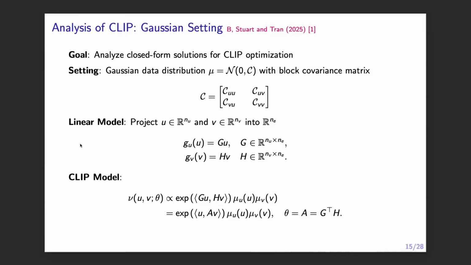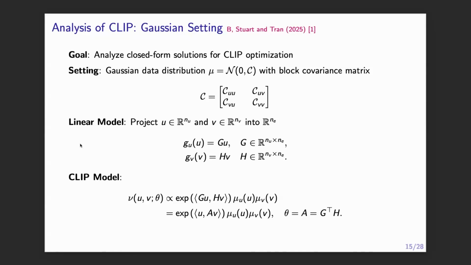We're considering a setup with two data modalities. So we're going to partition this covariance into two blocks, where the diagonals have a covariance for the marginal of the variable u, one for the marginal of the variable v, and then there's some cross covariance, which I denote by CUV, that relates the two data marginals.